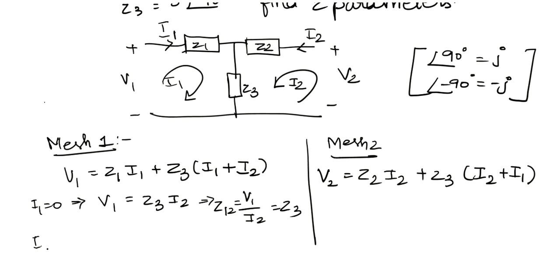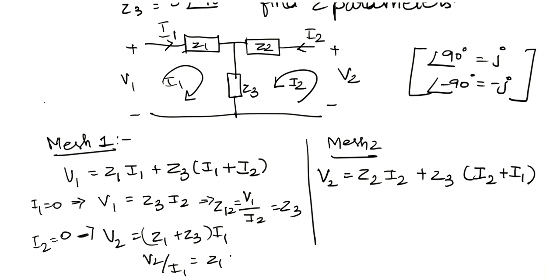Next, I2 equal to 0. What you are getting? V1 will be equal to Z1 plus Z3 into I1. So V1 by I1 will be equal to Z1 plus Z3. The name will be Z11. Clear? And here, as usual, put I1 to 0. You are getting V2 will be equal to Z2 plus Z3 into I2.